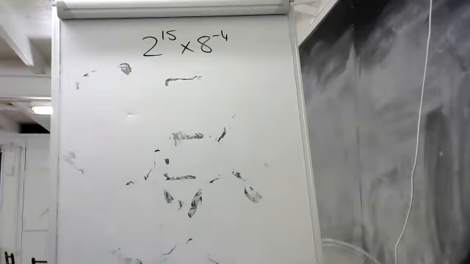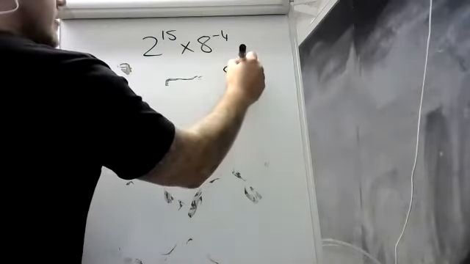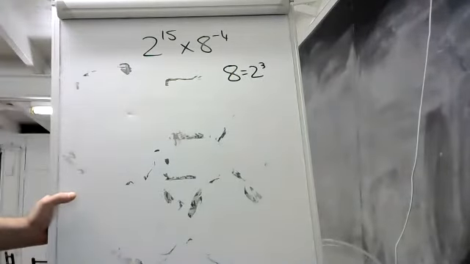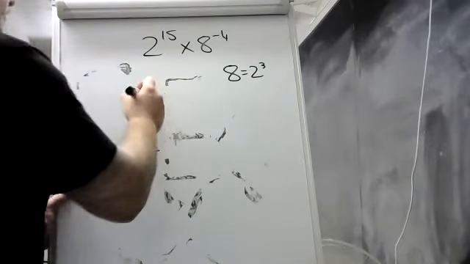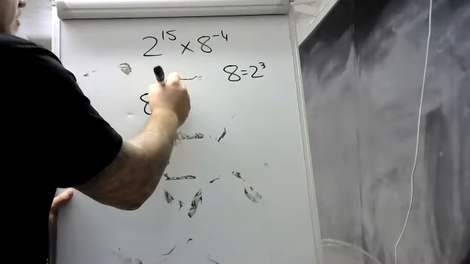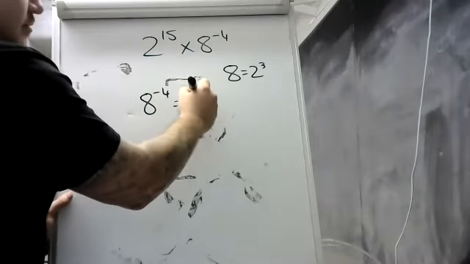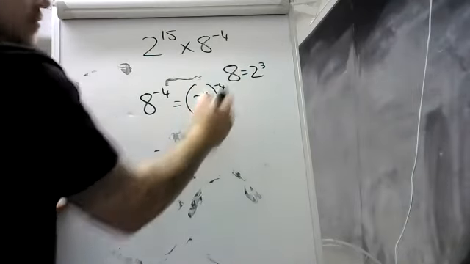So we know that 8 is 2 to the power of 3. So we can actually rewrite this in a slightly different way. 8 to the power of minus 4 equals 2 cubed to the power of minus 4.